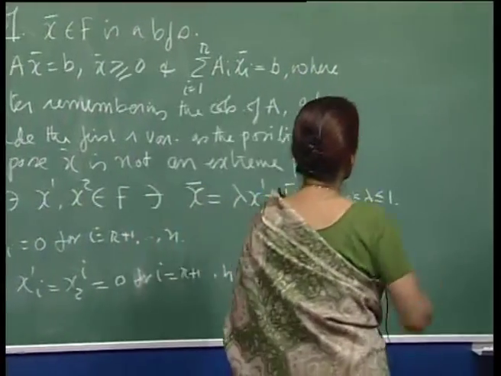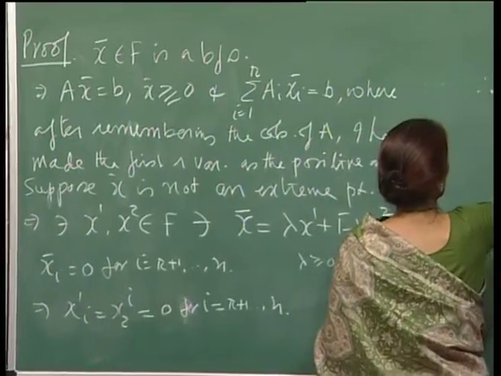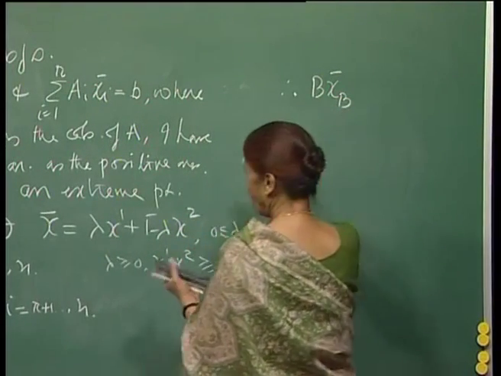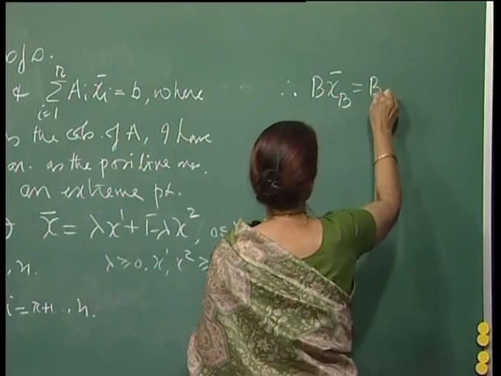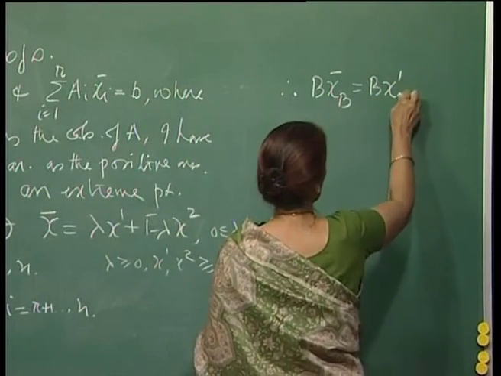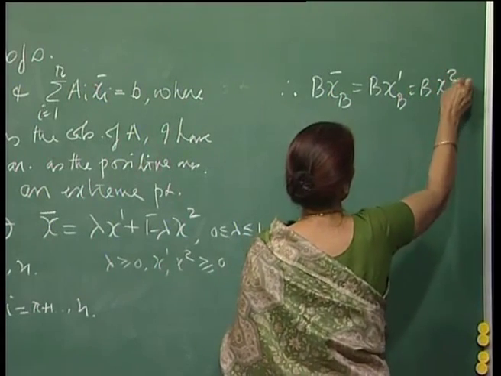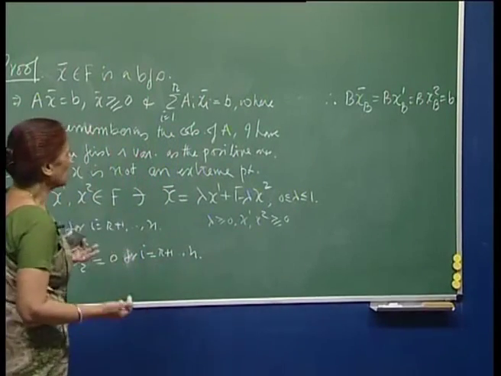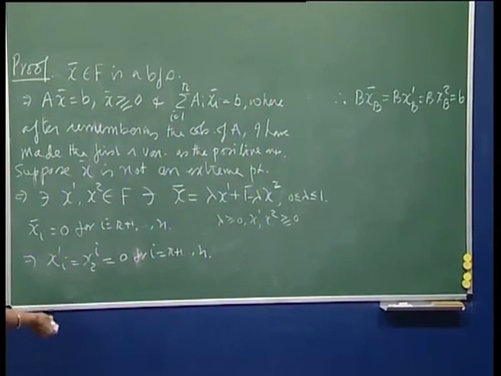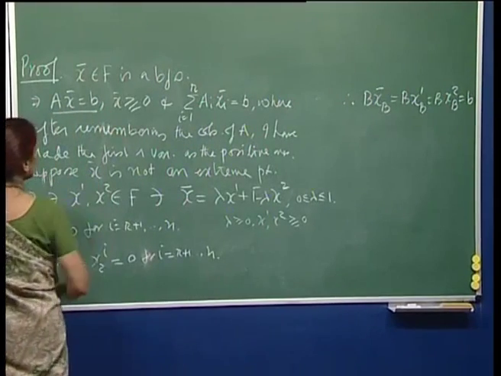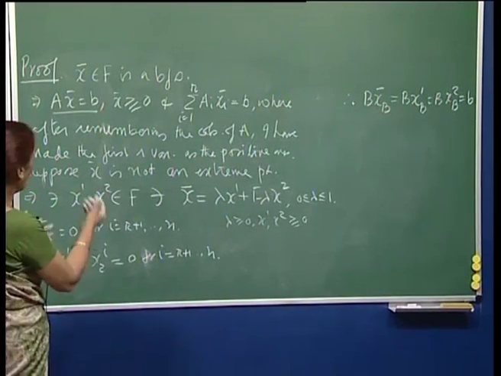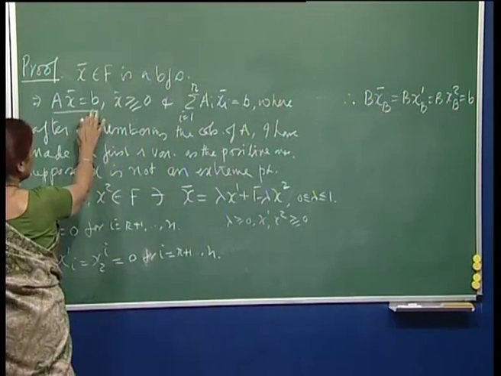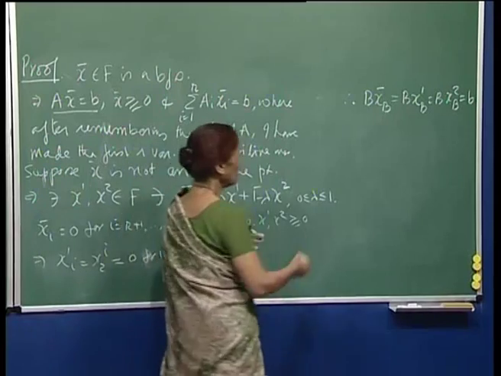So, therefore, B x bar B, we are referring to the first r components, is equal to B x1 B is equal to B x2 B is equal to b, because both x1 and x2 are in the feasible region. So, they must be satisfying these equations. The last n minus r components of x1 and x2 are 0. So, the system reduces to B x B bar, right.